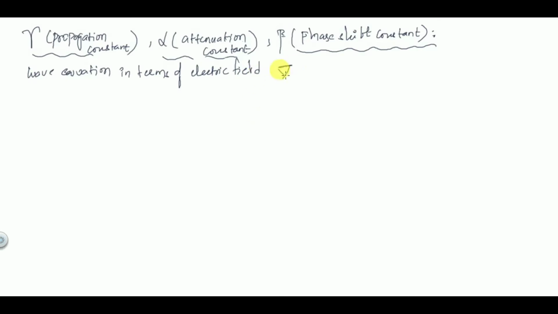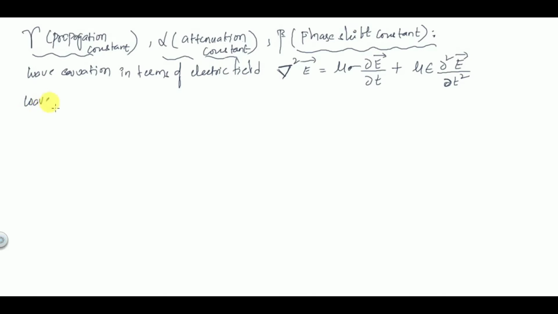We got the result del square E bar is equal to mu sigma dou E bar by dou t plus mu epsilon dou square E bar by dou t square. So this is the wave equation in terms of electric field.